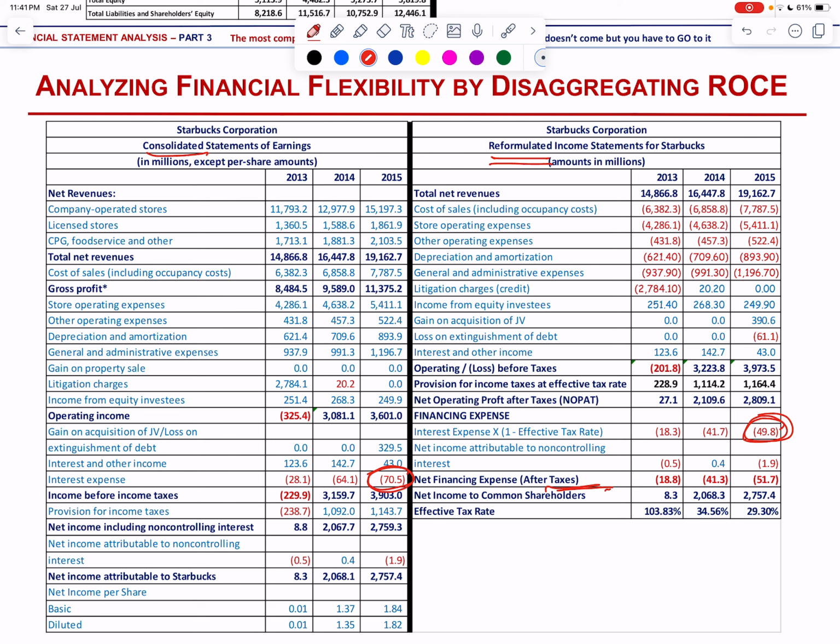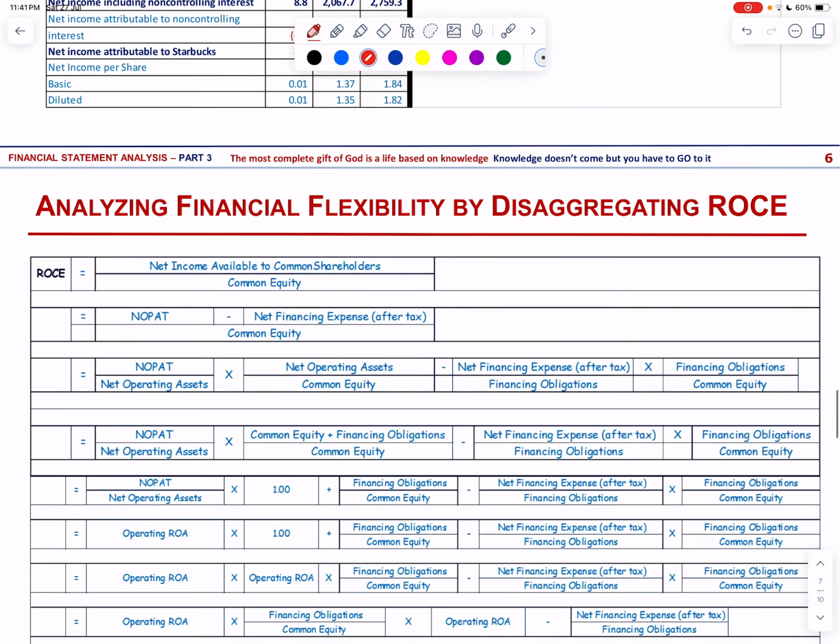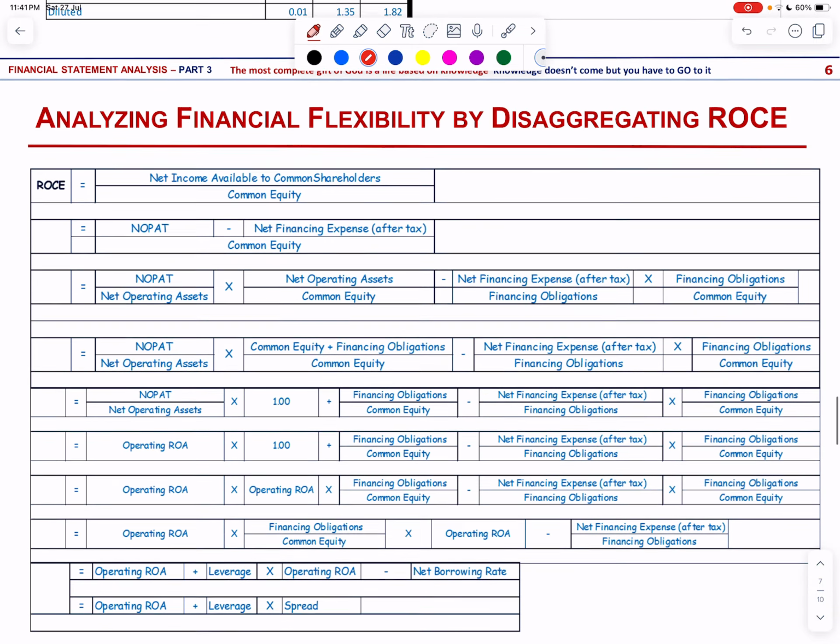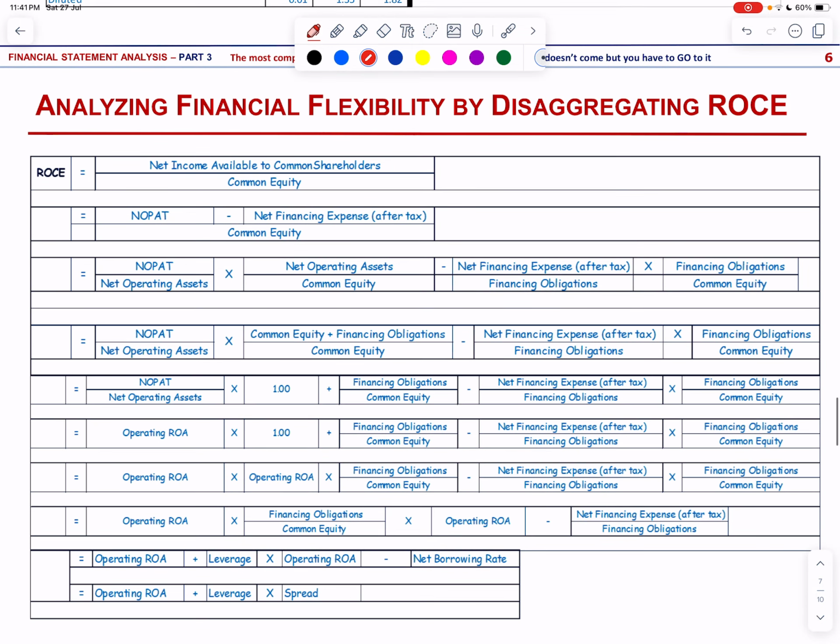Let us illustrate how return on capital employed is broken down into operating and financing components using these revised financial statement classifications.